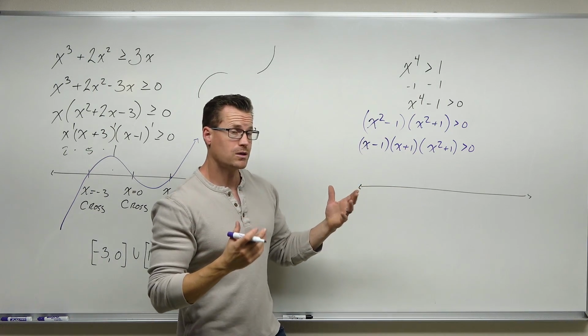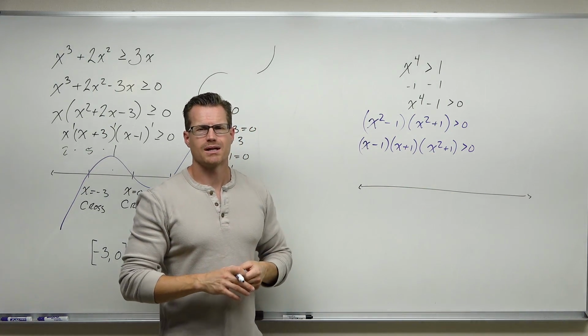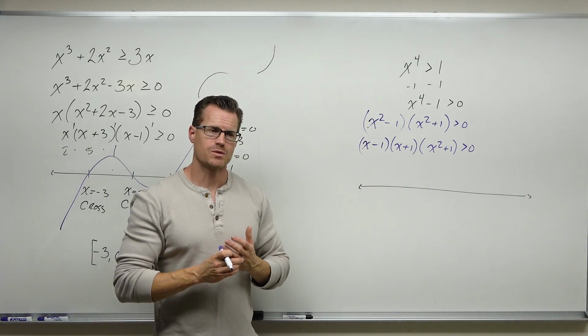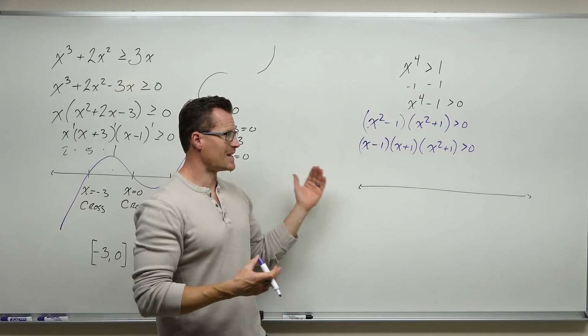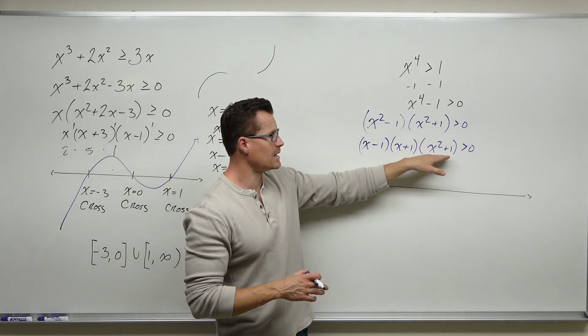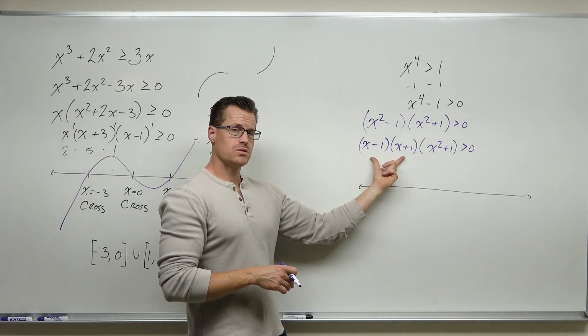So what do you do with this one? You actually do nothing. It's not going to do anything for you as far as x-intercepts. Because you can't solve it in the real number system, it can't cross the x-axis, or it's not creating any additional crossings. These two do, though.